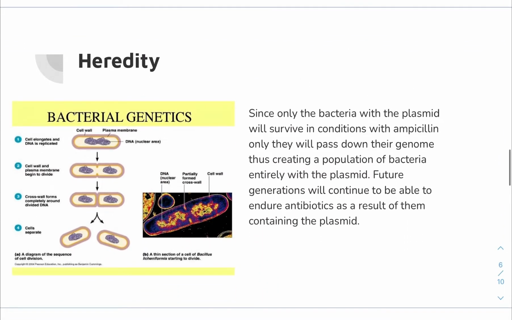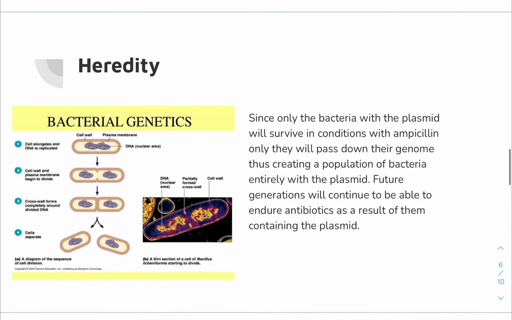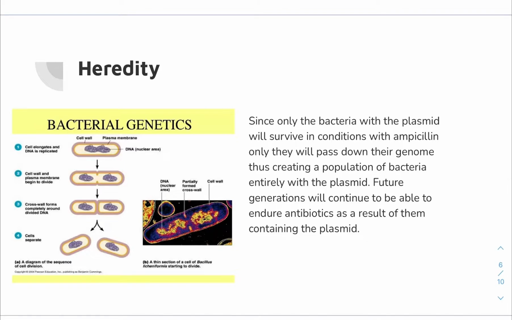In terms of heredity, all of the lineage of our initial cells, which were able to gain the plasmid, the cells in which the plasmid diffused into and stayed as the plasma membrane closed up on it after the heat shock.